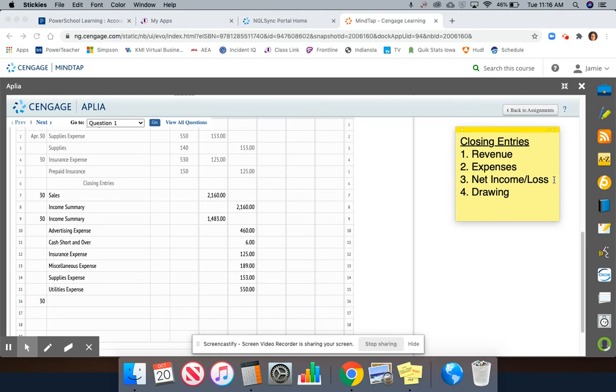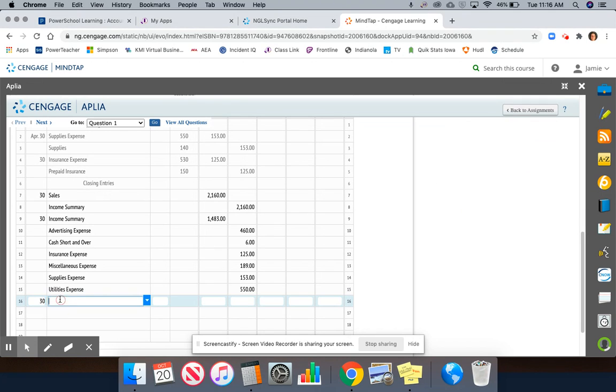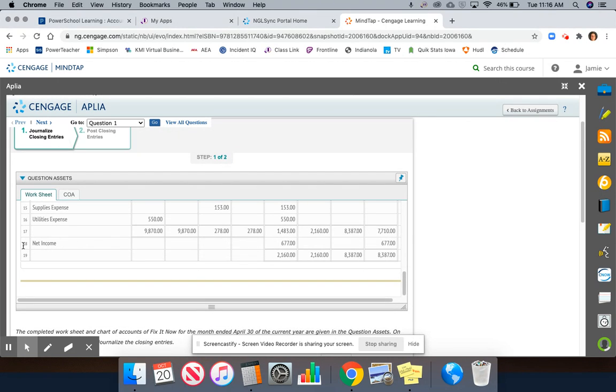Our expenses. Our third one is we need to close out our net income or net loss. So let's go up here. It looks like we have a net income of $677. If we have a net income and we are going to roll that into our capital account, that would increase the value of our company. So capital increases with the credit. We're going to credit our capital account for $677. The opposite we are going to do to income summary.